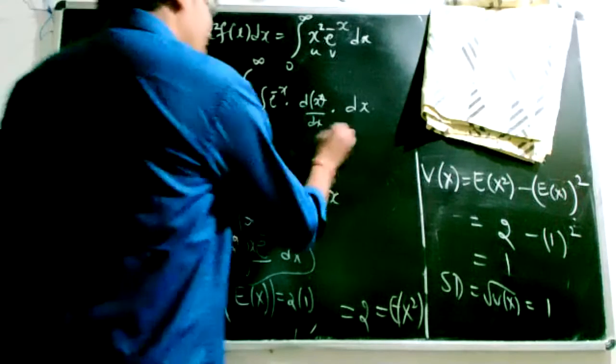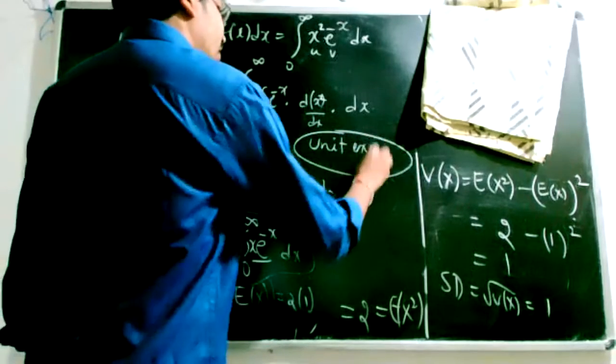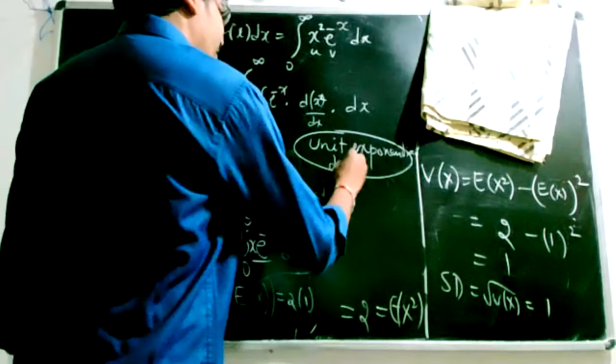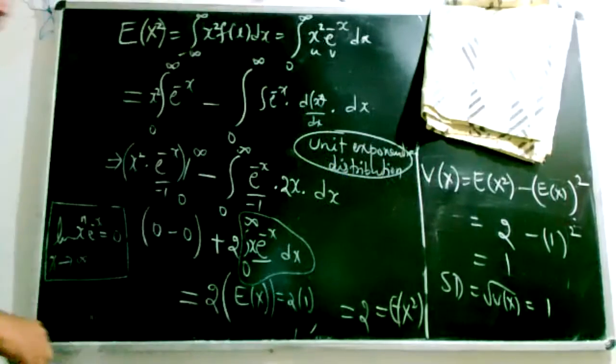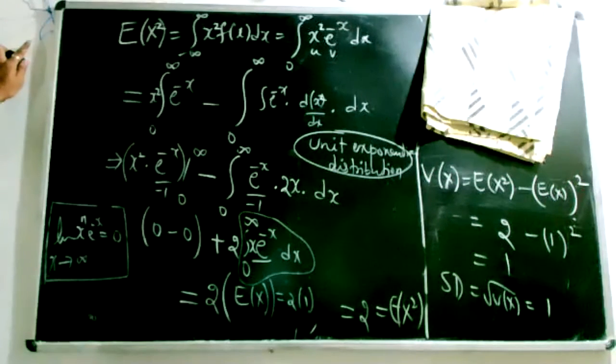This distribution is called the unit exponential distribution, which we'll be studying in detail in chapter 3. So name a distribution where mean equals variance equals standard deviation: the unit exponential distribution. It's one of the distributions where mean equals variance equals standard deviation.